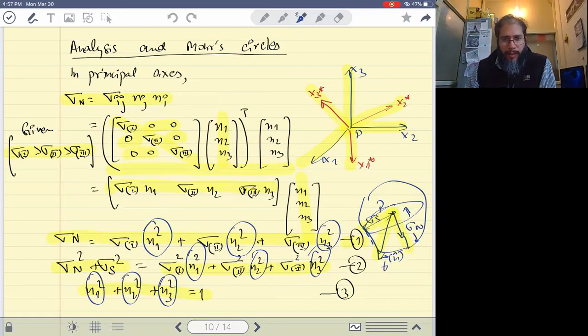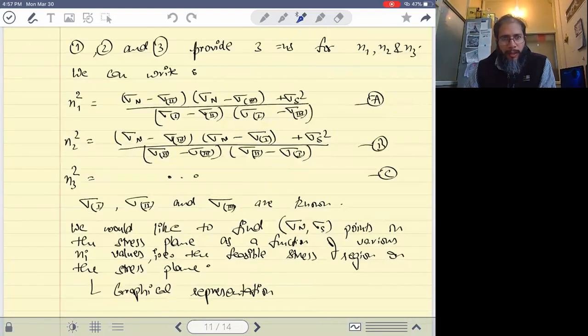So it's linear equations in the squares of n. So all you have to do is solve the system of three equations, and you can get n1 squared, n2 squared, and n3 squared in terms of sigma n, sigma s, sigma 1, sigma 2, and sigma 3.